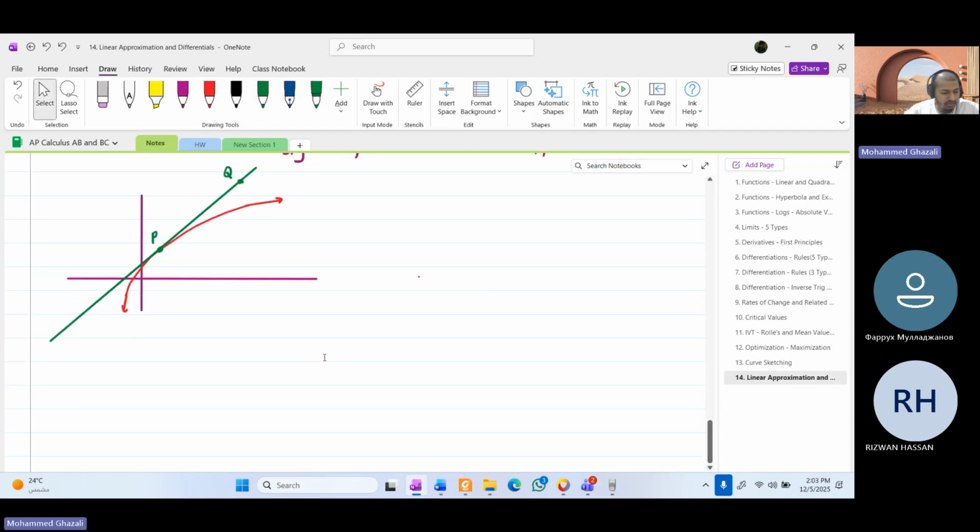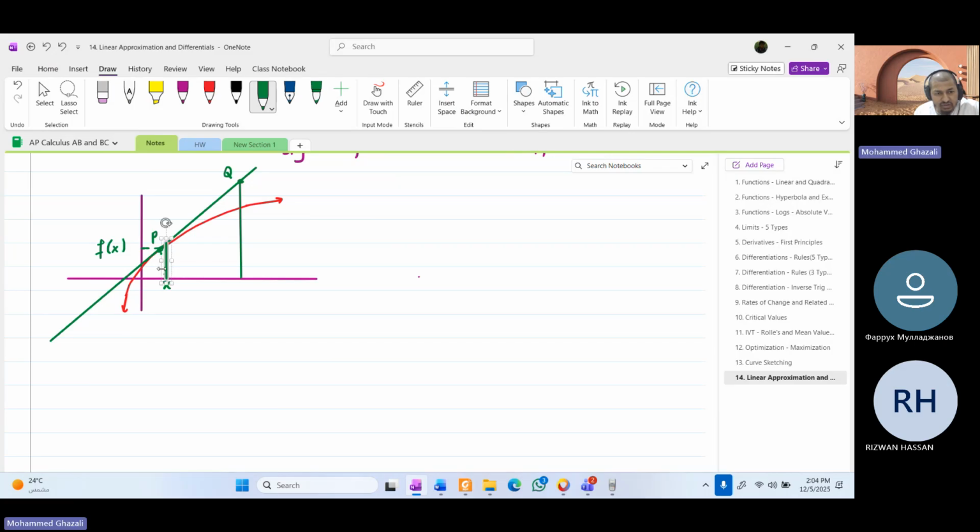Now at point P, call this point X, so point P will be X and f of X. The Y value will be f of X. And point Q, move away from it.